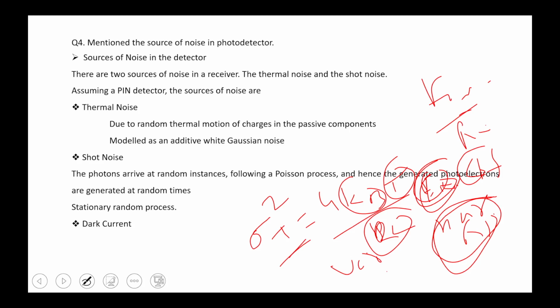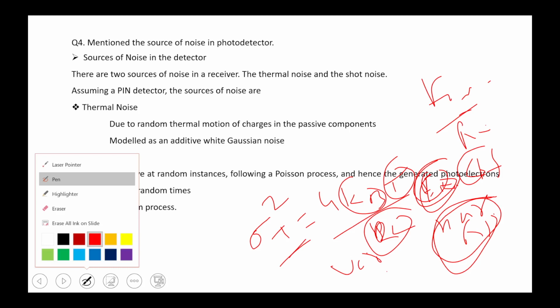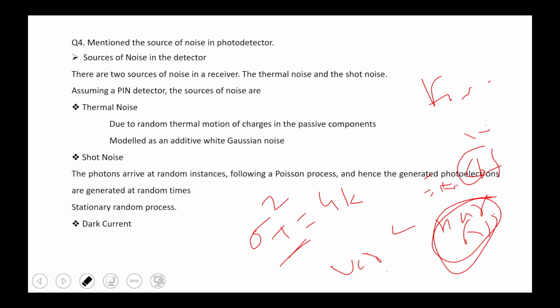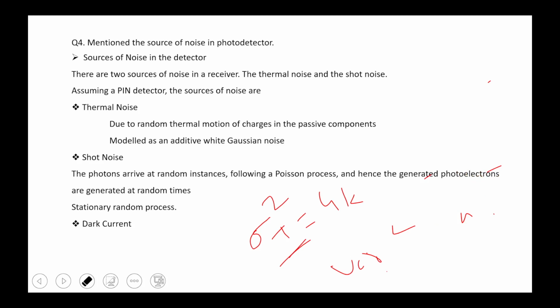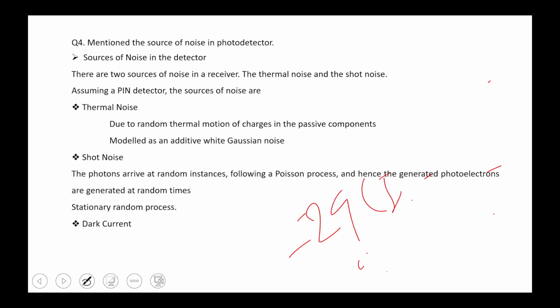Any formula, anyone remember that? 2 q I_D into R_L.